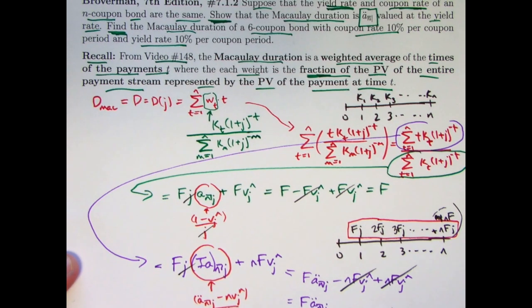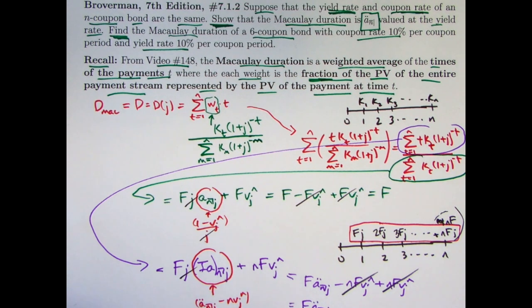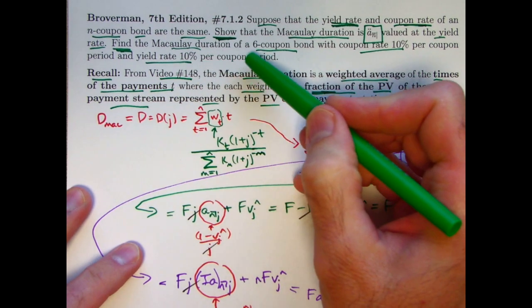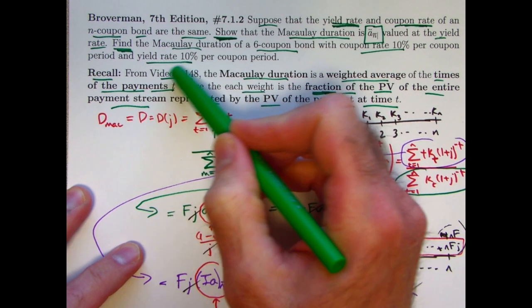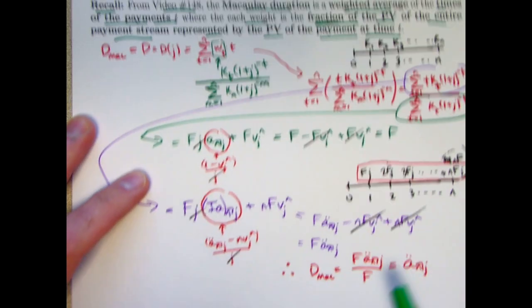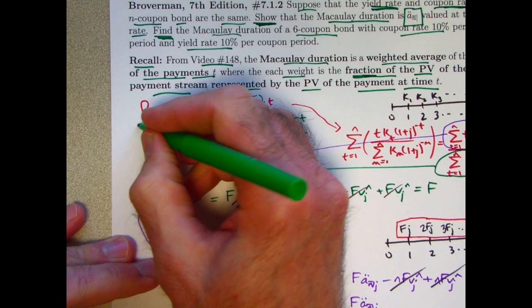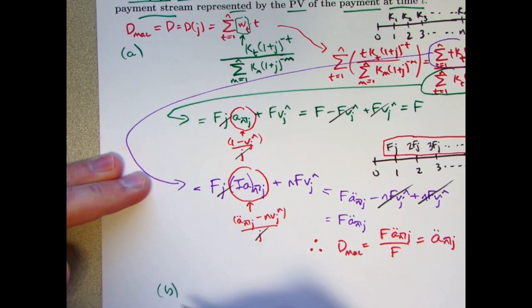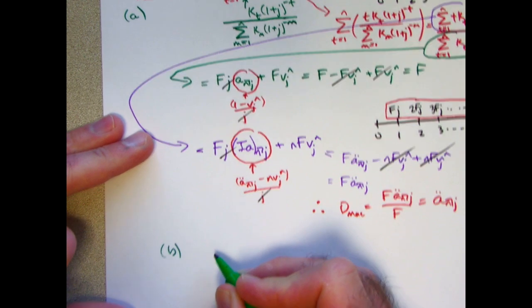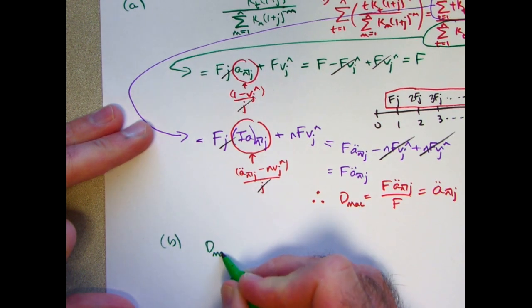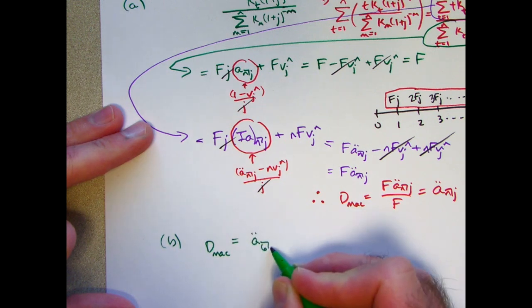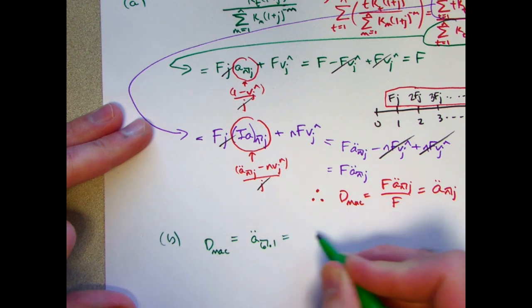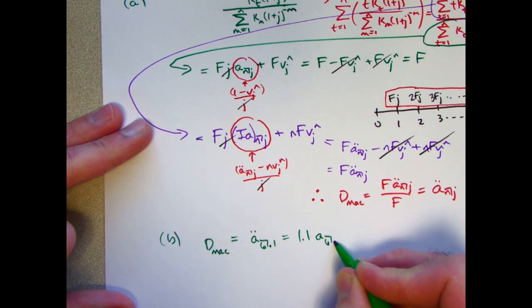All right, so that's the first part. Now we can do the second part pretty quickly. Find the Macaulay duration for 6 coupon bonds. So n would be 6 at coupon rate 10%, which is the same as the yield rate, 10%. j would be 0.1. This was part A of the problem. For part B, the duration for that particular bond will be a double dot angle 6 at 10%, which is the same as 1.1 times a angle 6 at 10%.